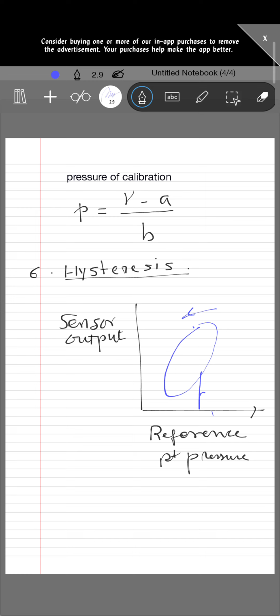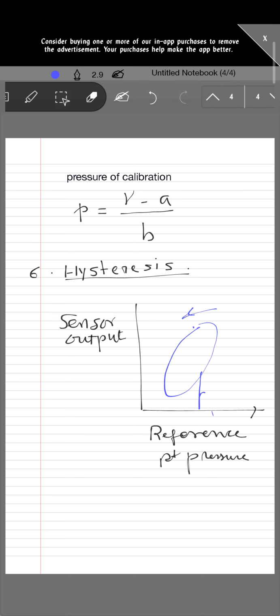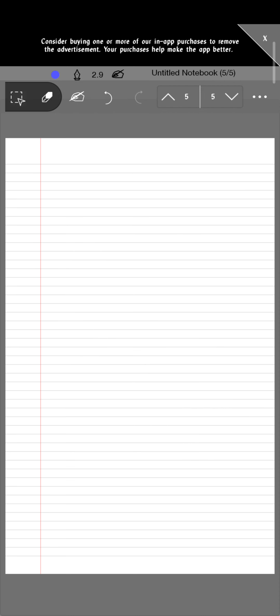Now nonlinearity. As we have previously mentioned, all the sensors may not be linear. There are some sensors which are nonlinear. Now the linearity of a sensor is calculated by the maximum deviation from the straight line. Now the total nonlinearity, if there exists nonlinearity, is the difference between the intercept values of y and x.